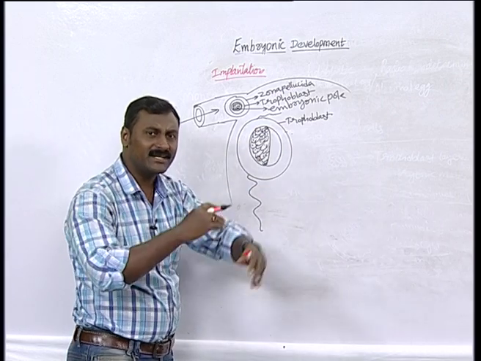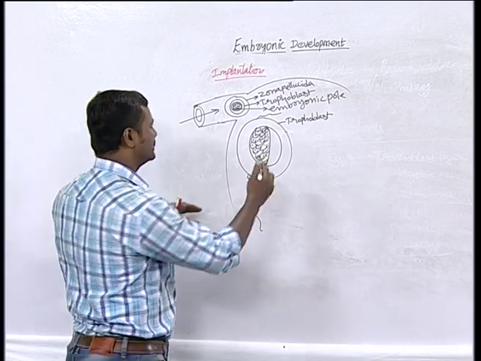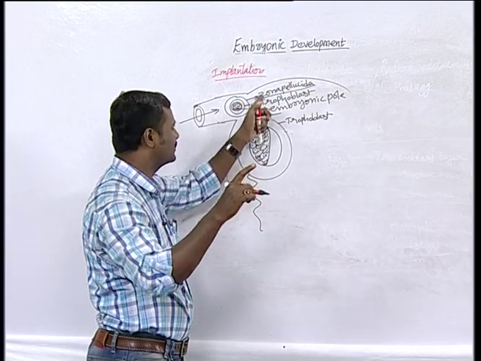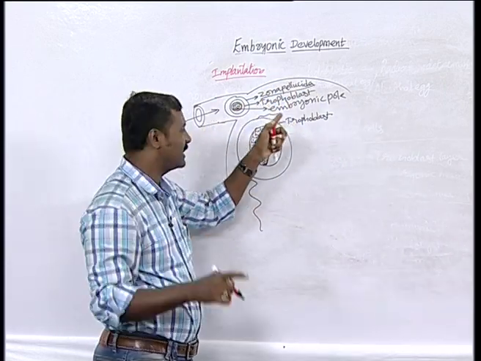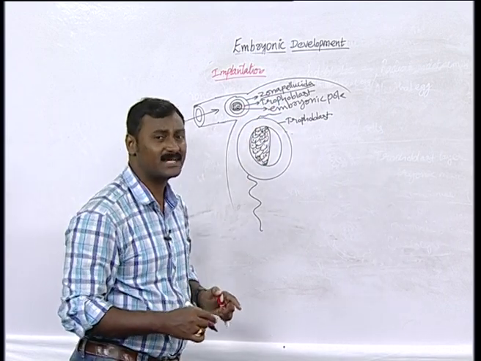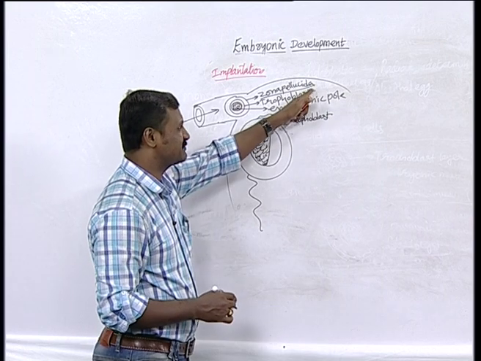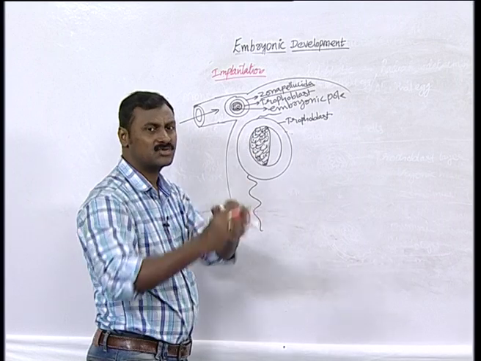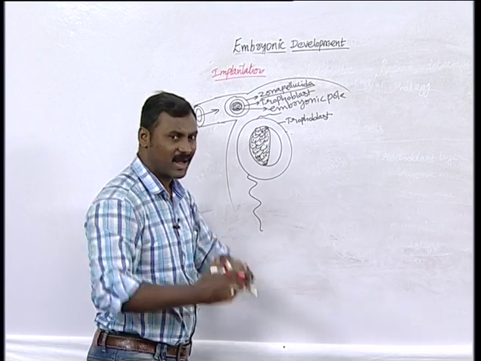Once it enters the uterine cavity, the zona pellucida, the outer embryonic layer, is going to get dissolved with the help of the trypsin enzyme. This trypsin enzyme is released by the trophoblast, and finally the zona pellucida is cleared.